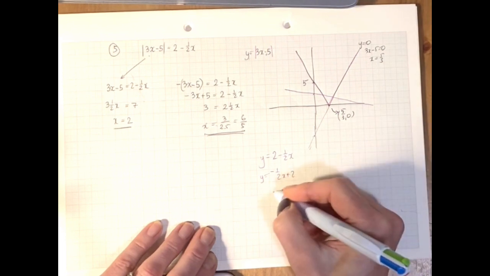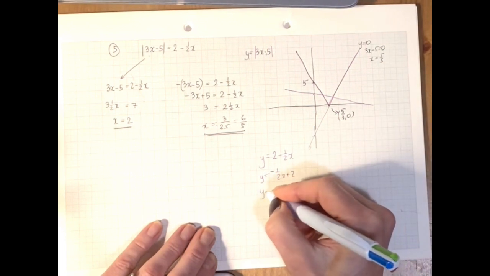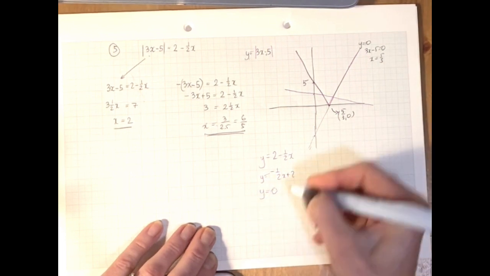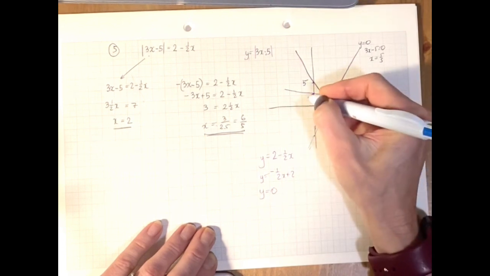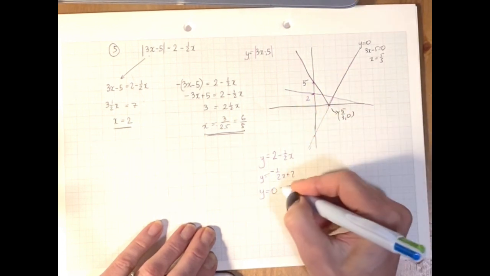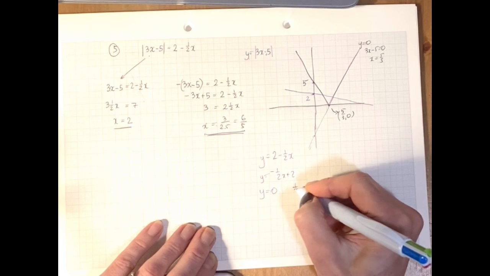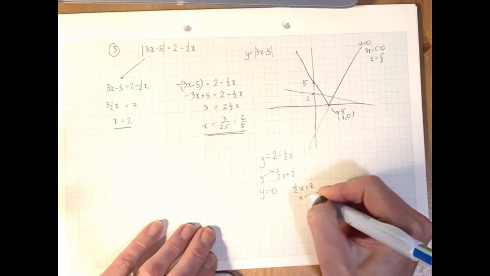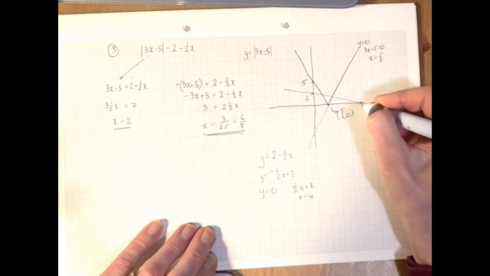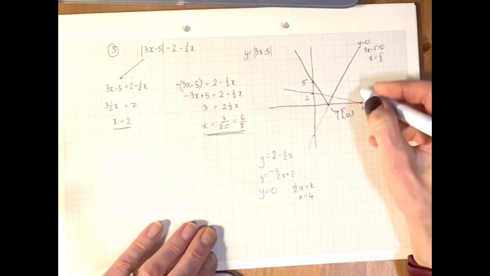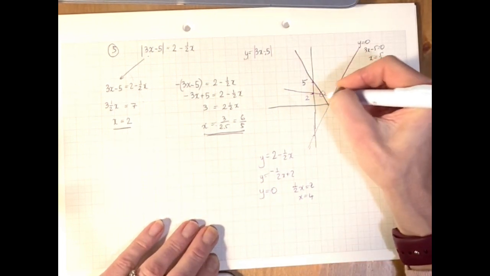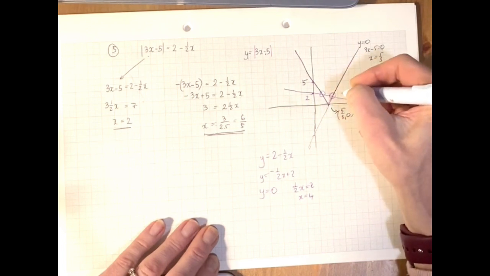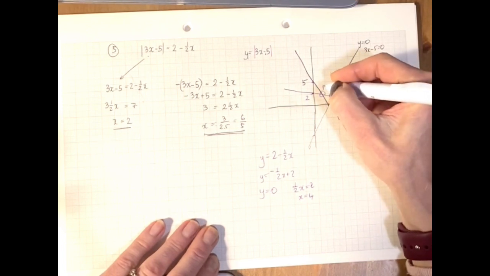Let's find the intersect with the x-axis. When y is equal to 0, giving us a half of x is equal to 2, so x is equal to 4. Okay, so there are 2 points of intersection corresponding to 2 solutions, A and B.